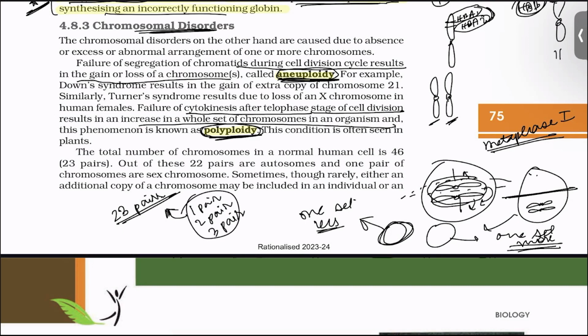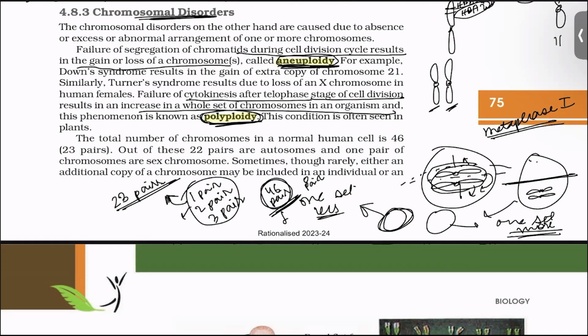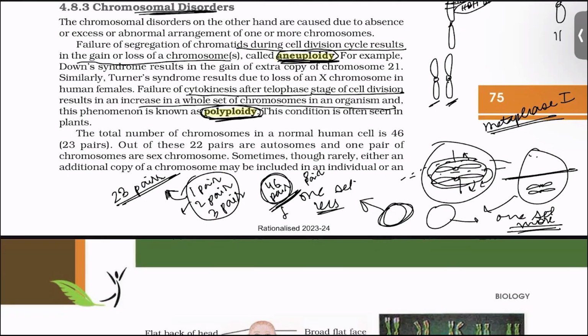But when the entire set is getting increased, I mean, if one daughter cell has 46 pair and another daughter cell has 0 pair, this condition where the entire set is just getting doubled is known as polyploidy, and this is known as aneuploidy. And the mechanism of both aneuploidy and polyploidy is different, and it is explained here.